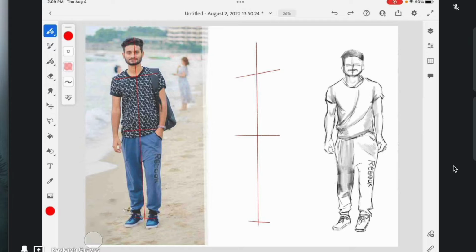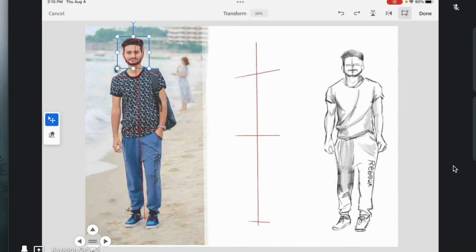The head, if I were to draw right on this picture, and I were to cut out this, I would have 1, and I could start moving this down. 2, 3, 4, 5, 6, 7. So the average human height is between 7 and 8 heads high.